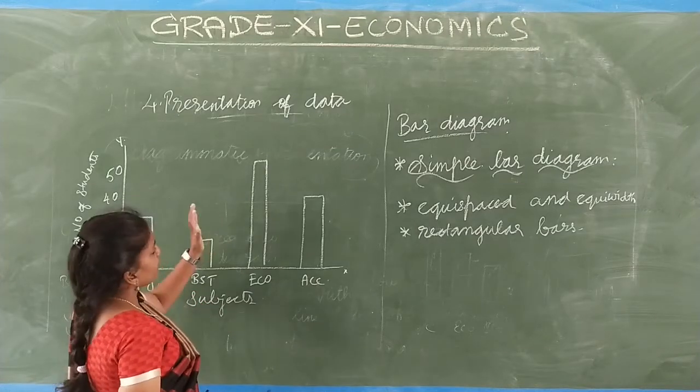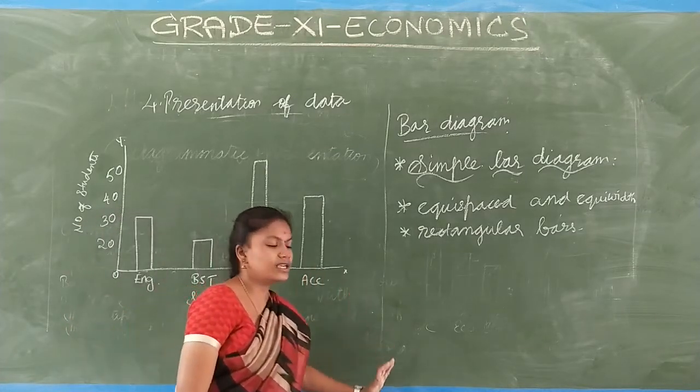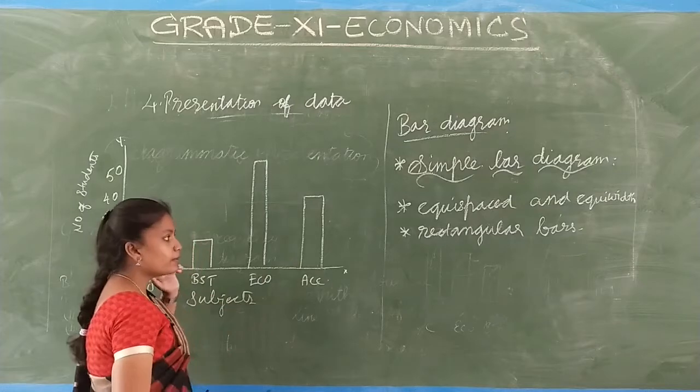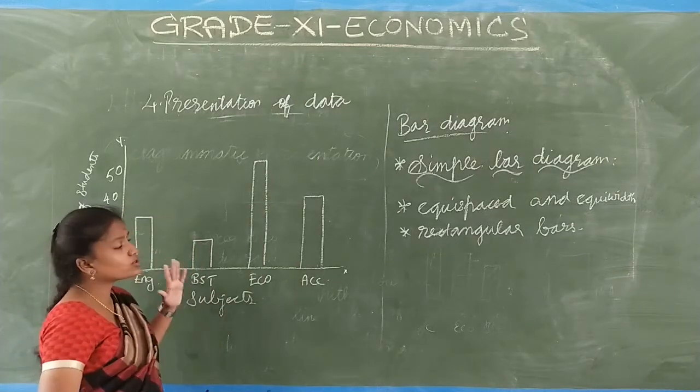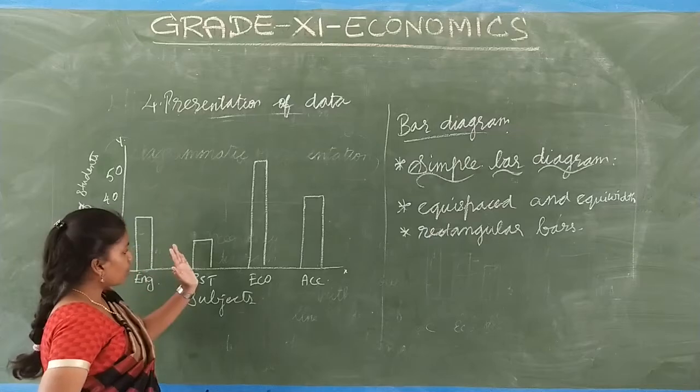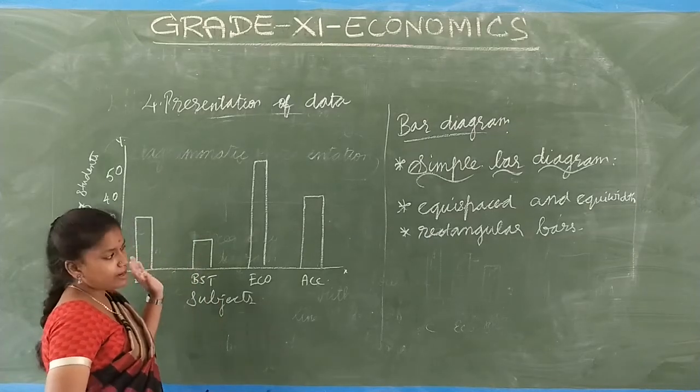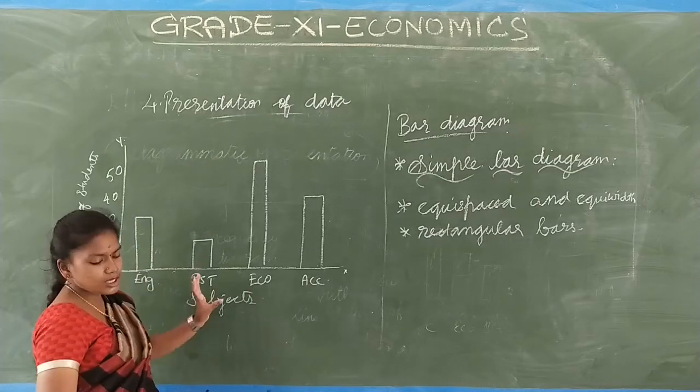My bar diagram may not be equisized and equiwidth because I am not using a scale, but when we present our data using a bar diagram, of course it should be rectangular in shape and equispaced and equiwidth.